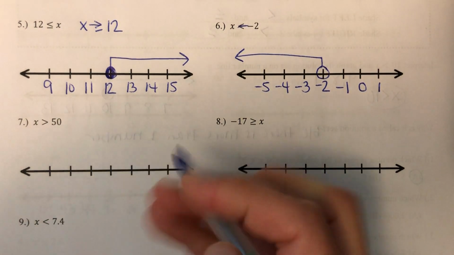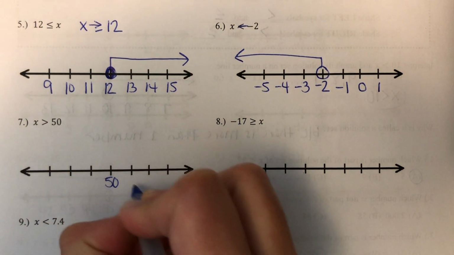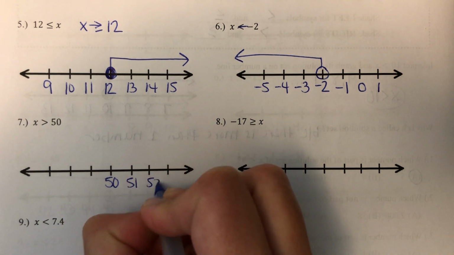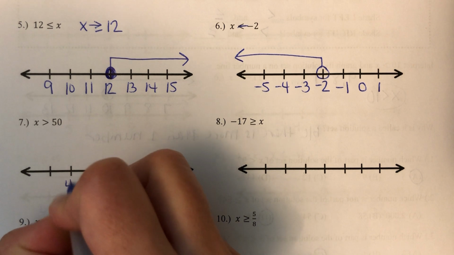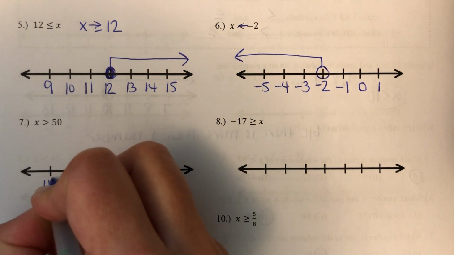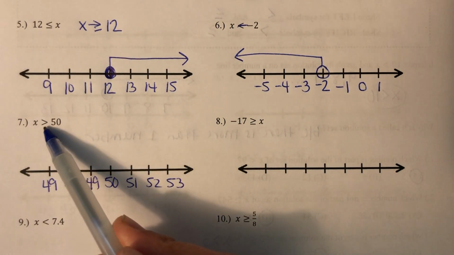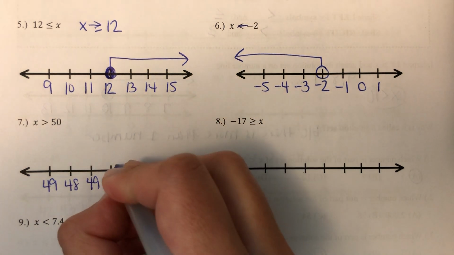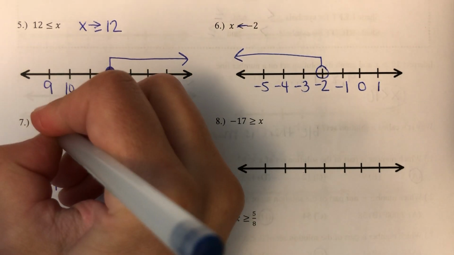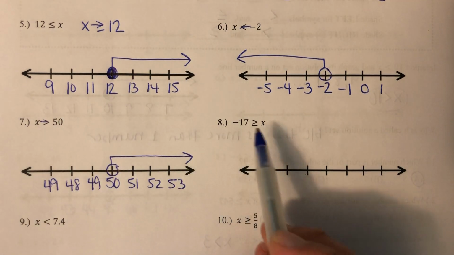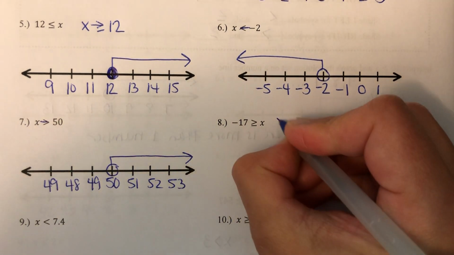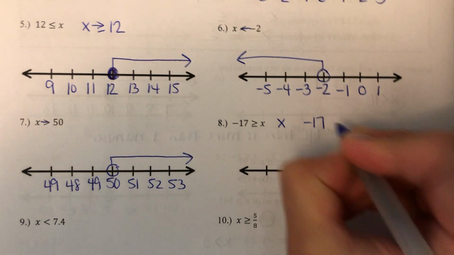All right, 50 in the middle, 51, 52, 53, 49, 48, 47. Does not have the equal to on it, so we're open. Arrow is going to the right. X is on the wrong side, switch it around.